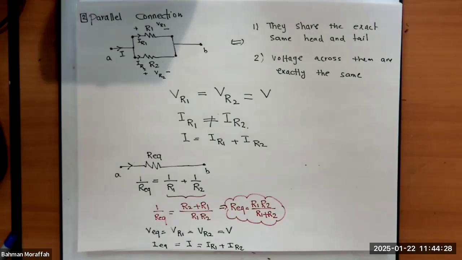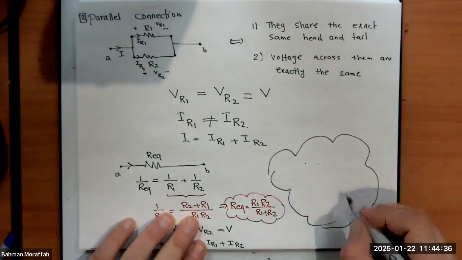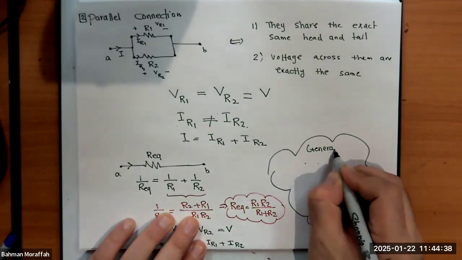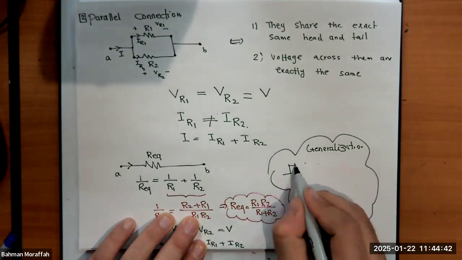Just like series, we can extend this and generalize it to n resistors in parallel. Let's say I have n of them.